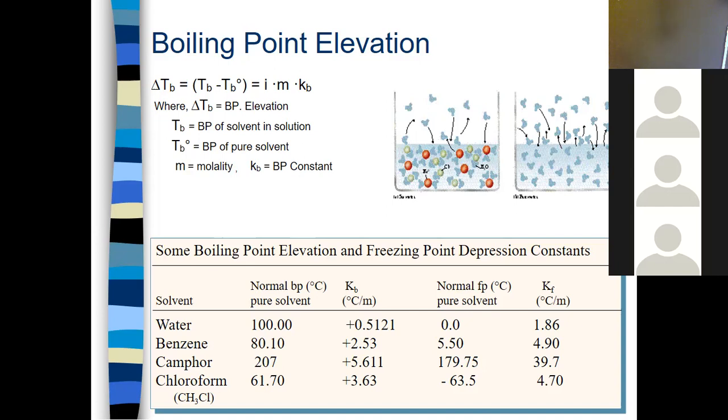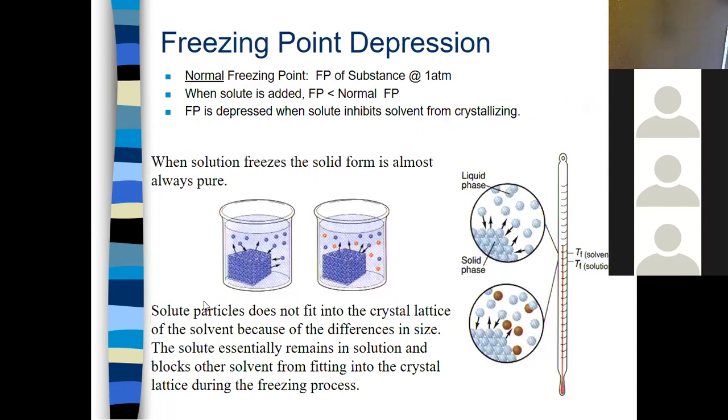But if your solution is very concentrated, then not surprisingly, it's going to boil a reasonable amount higher than 100, and it'll freeze a reasonable amount below 0. And then there's that Van't Hoff factor, which we're going to talk about, okay?